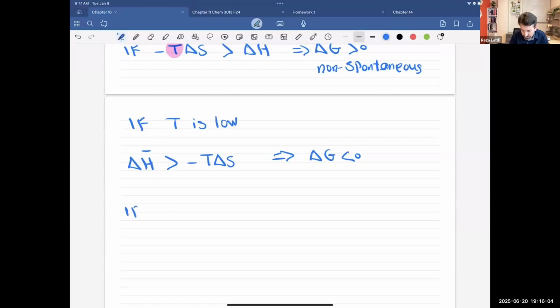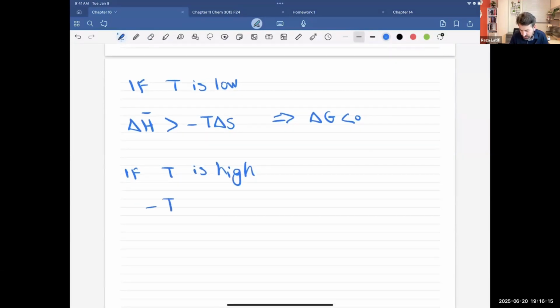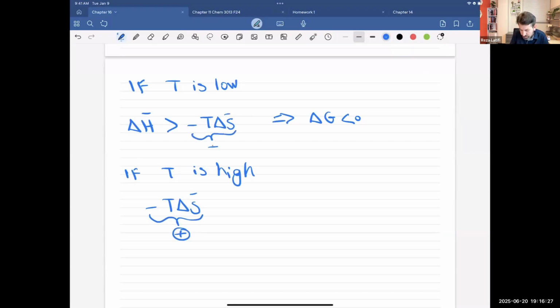But if T goes up, then minus T delta S, overall, is going to be positive. It will be bigger than delta H, which is a negative number. And that's going to give you delta G bigger than 0.